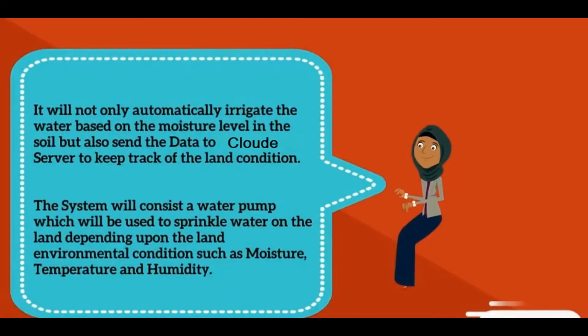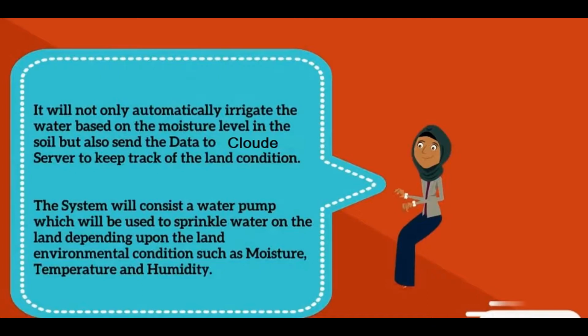The system consists of a water pump which is used to sprinkle water on the land depending upon the land's environmental conditions such as moisture, temperature and humidity. These are some basic points on how the smart irrigation works using IoT.